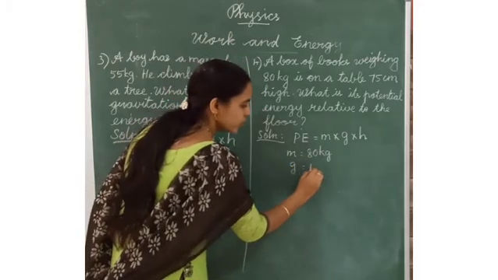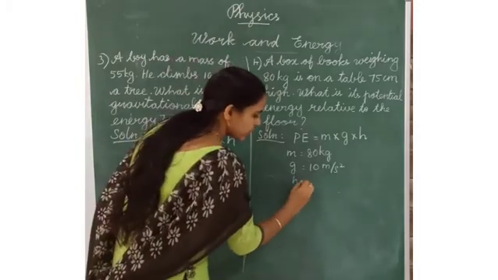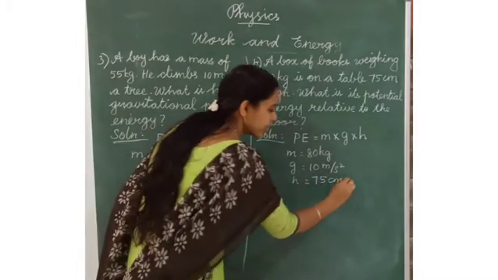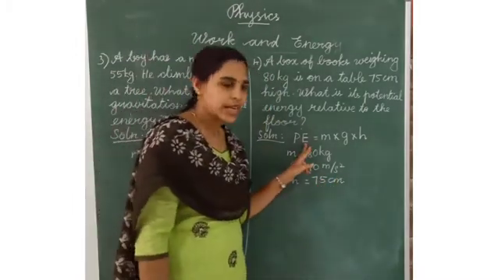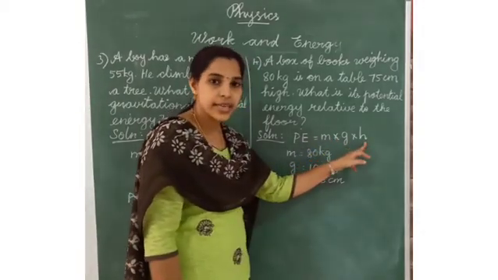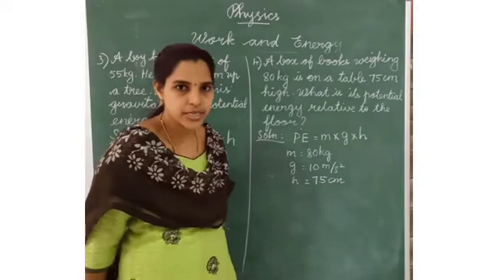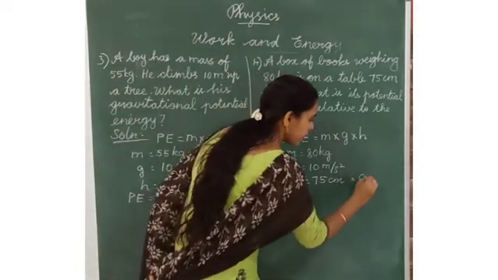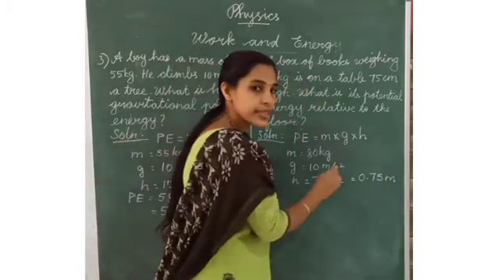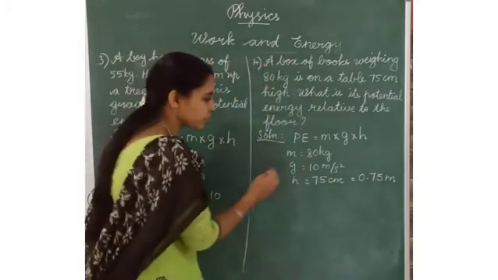G is equal to 10 meter per second square. H is equal to 75 centimeter. But when we find the potential energy, mass is in kilogram and height is in meter. Here it is mentioned in centimeter, so we have to change centimeter into meter. We have to divide by 100. We will get 0.75 meter.